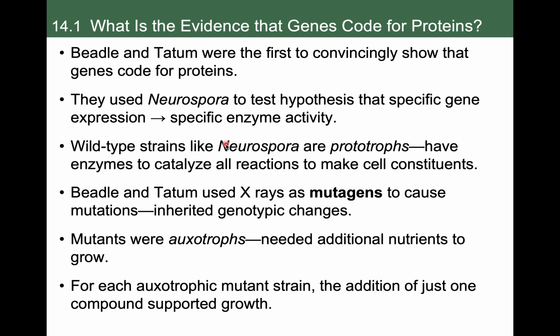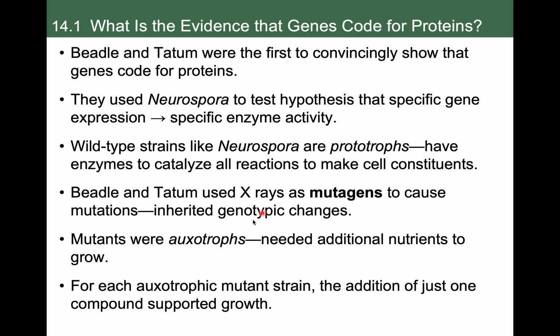And they did this pretty simply. They were blasting the Neurospora they were working with X-rays, which would cause mutations, changes in the DNA. And they found that when they changed the DNA, they were able to change the phenotype of the mold.